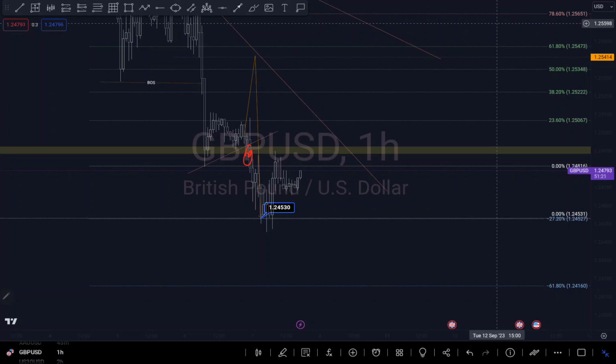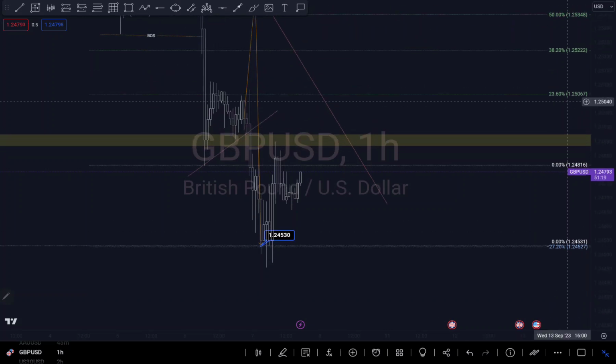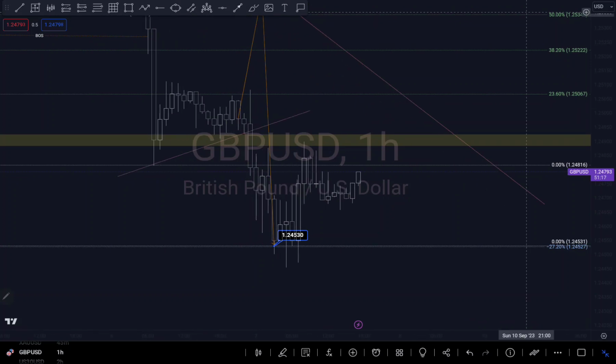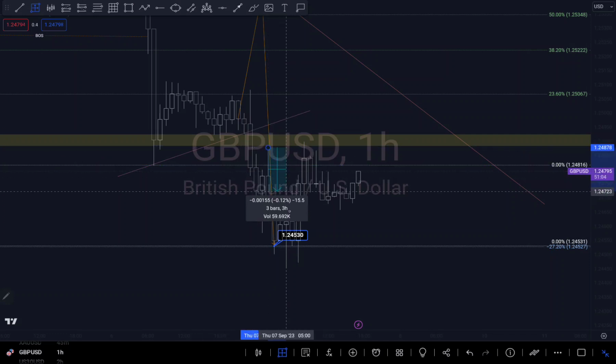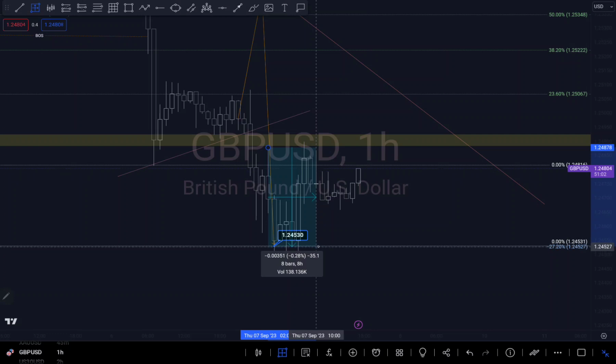And we can see this candlestick right here, this particular candlestick right here came up a little bit to retest it, then before pushing to the downside.